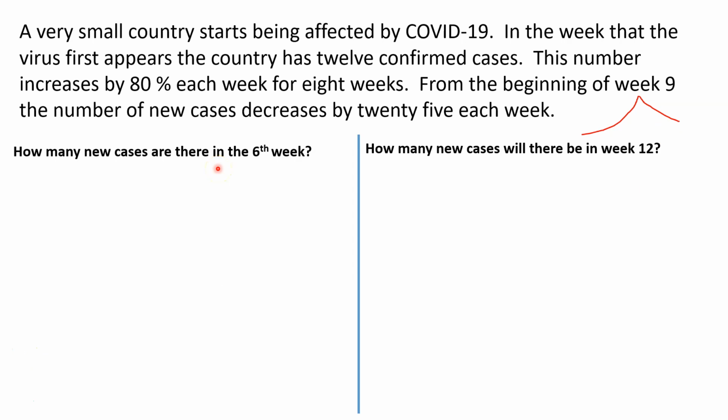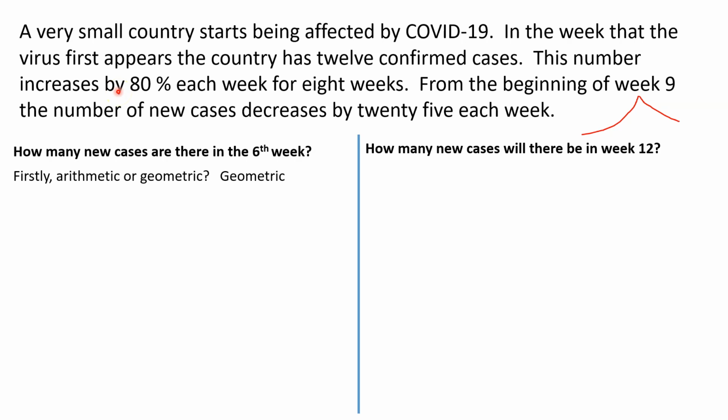First off, how many new cases are there in the 6th week? Well, we need to figure out if this is arithmetic or geometric. In this case it's geometric, whenever the first part is talking about increasing by a percentage each week.